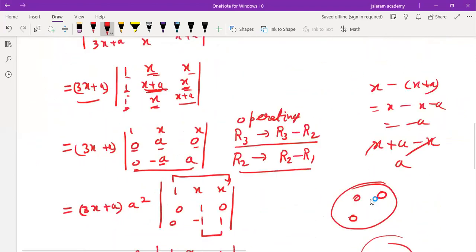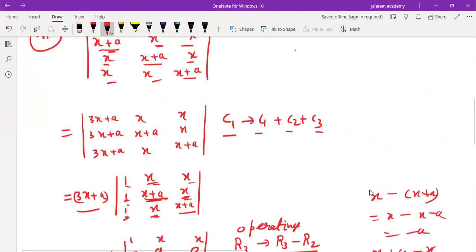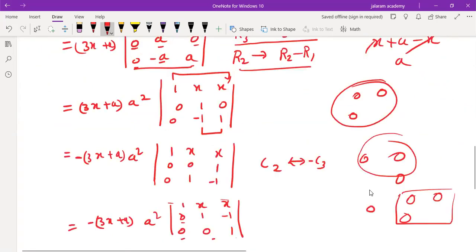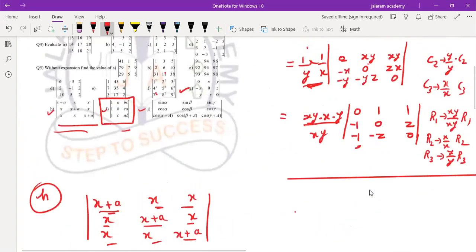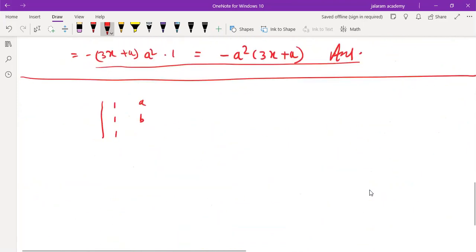1 1 1 is in the first column of the question. The second column has the elements A, B, C, and the third column has BC, CA and AB as the three elements.